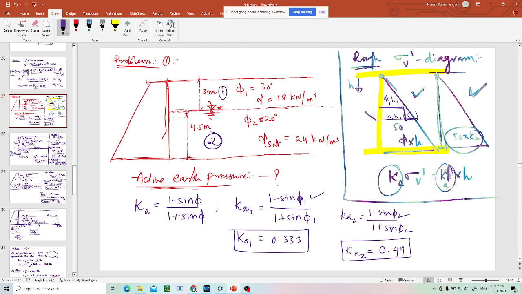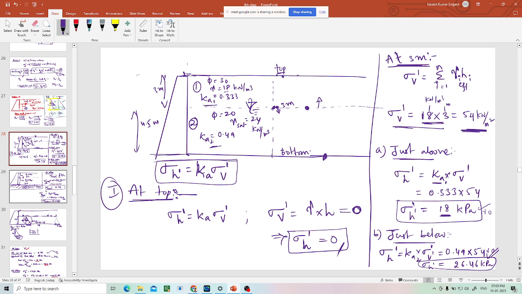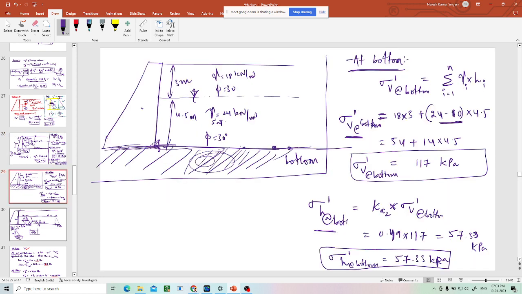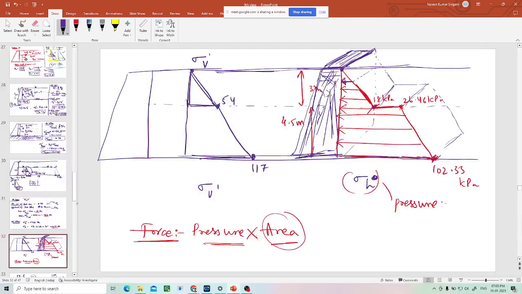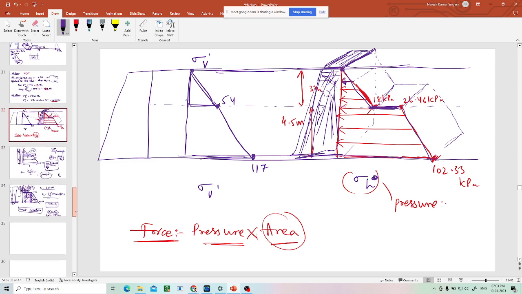So if there are two layers, how it is changing, I have told you about that. So final diagram was like this. From here to here, there is a sudden increment because there is a sudden change in Ka value. Then from here like this. So that's how we discussed.